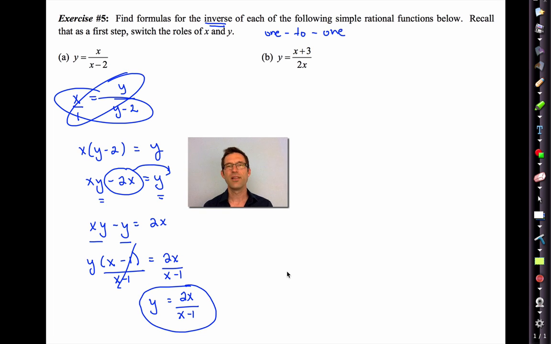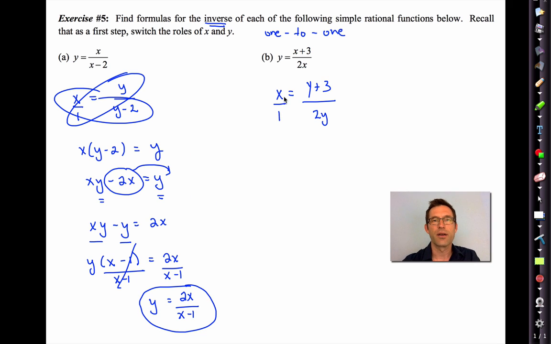All right, let's go through it. Again, to find the inverse of this rational function, what I'm going to do is take that y, replace it with an x, and take that x and replace it with a y. All right, I'm now going to cross multiply, and I'm going to get 2xy equals y plus 3.